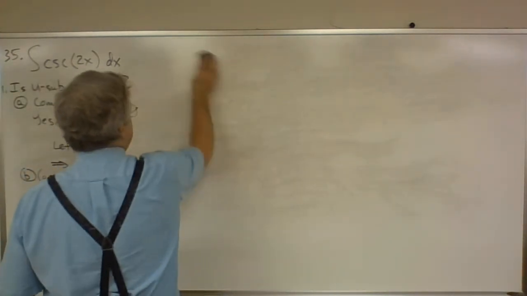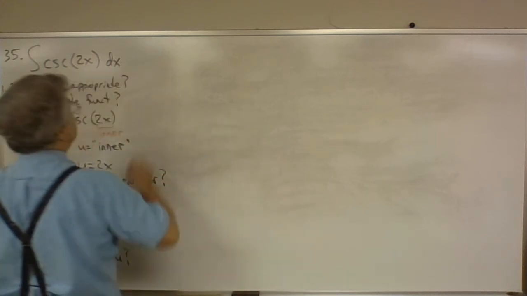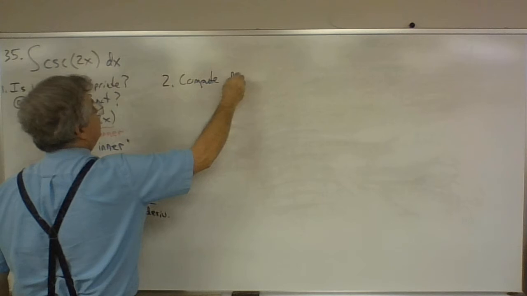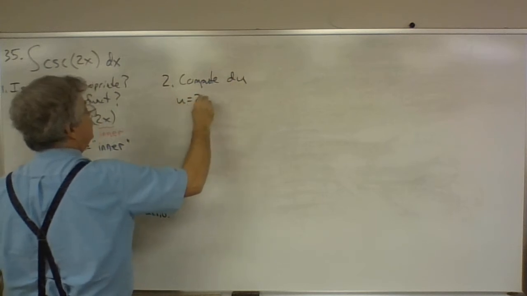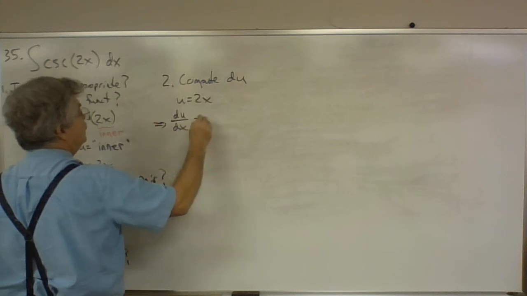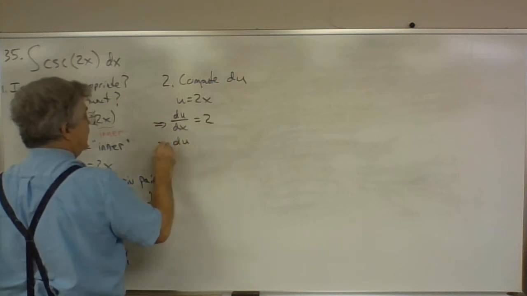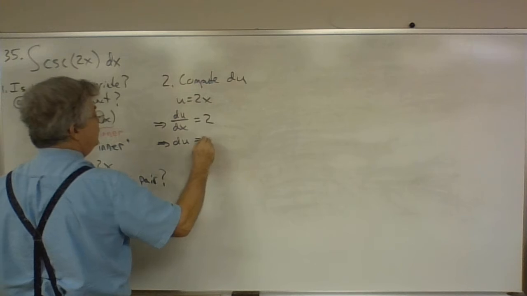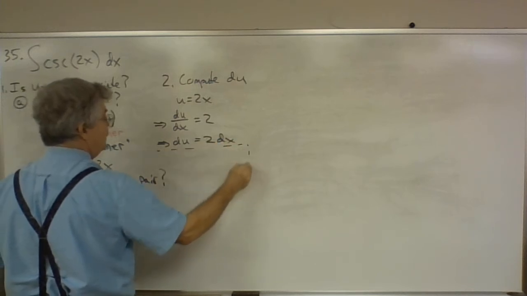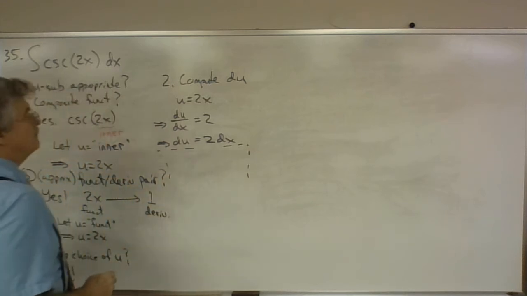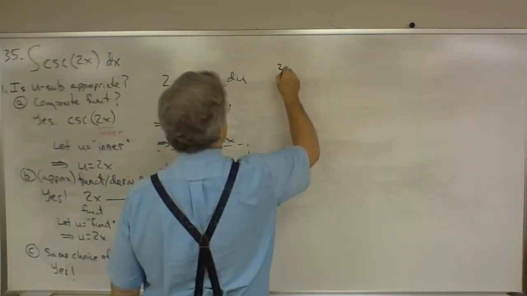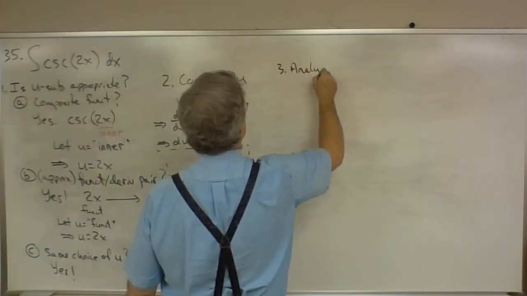Next thing we do, compute du. u equals 2x, du dx is 2. So du is 2 dx. And we'll leave a line blank afterward. Next thing we do, we analyze in terms of u and du.